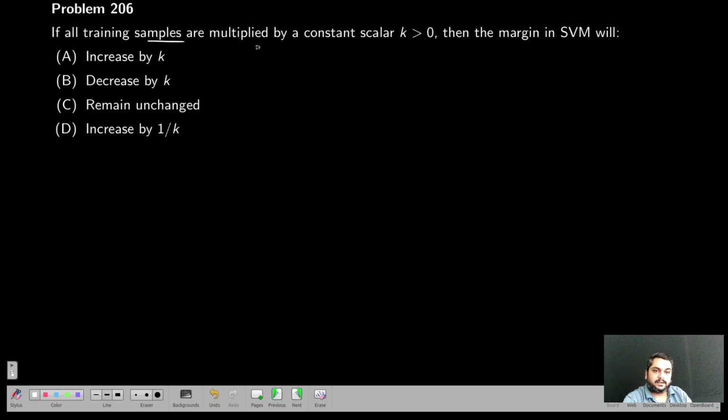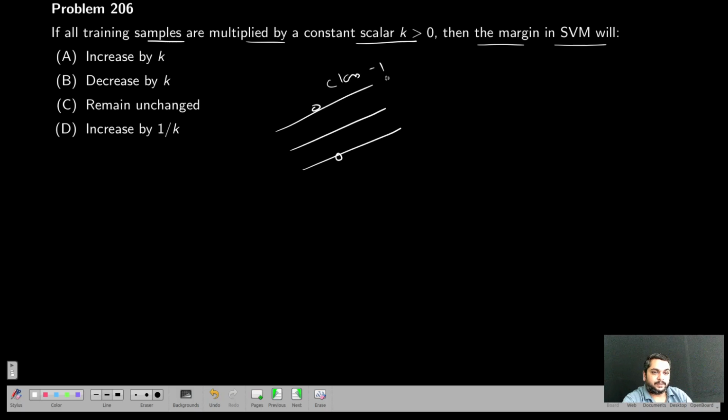If all training samples are multiplied by a constant scalar k greater than 0, then what will happen to the margin in SVM? So this is the initial situation. Say there are support vectors here. This is class minus 1, this is class plus 1, and this is my optimal hyperplane. Now this is my margin.